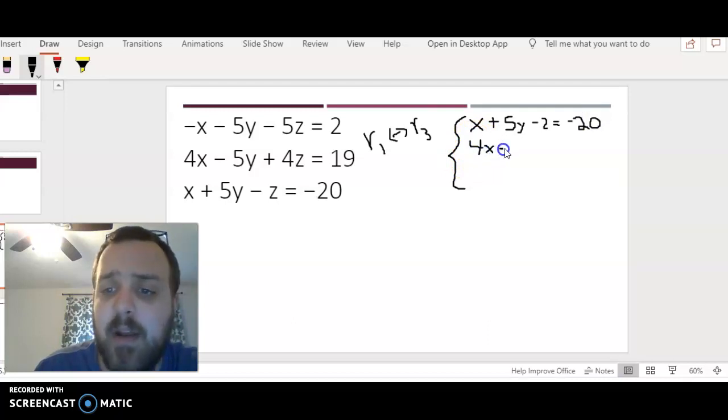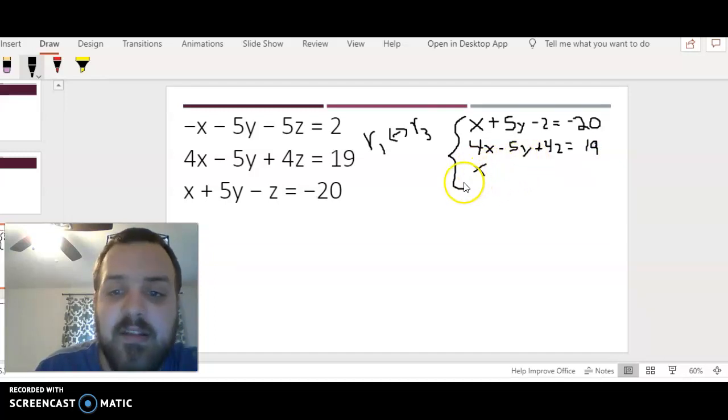So if I'm going to be getting rid of those y's in the next step, I want to make sure they're going away in the second and third row as opposed to the first row, where I want to have all three of my variables. You can see I'm recopying these down, and I'm moving that top row down to the bottom. So minus 5z equals 2.